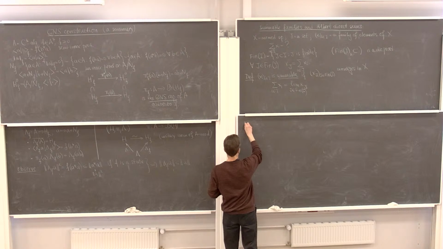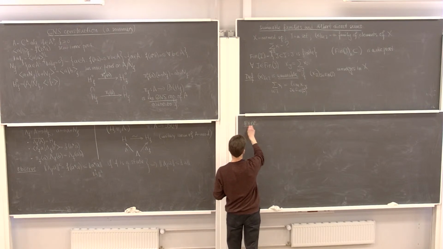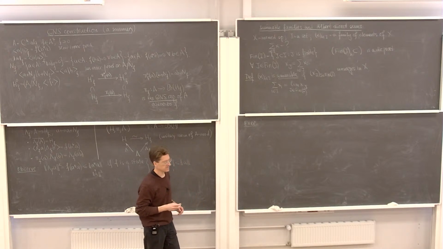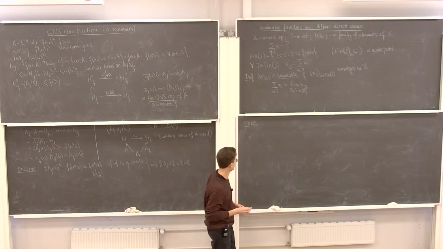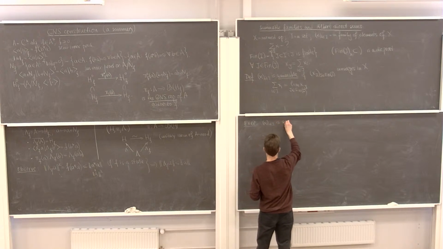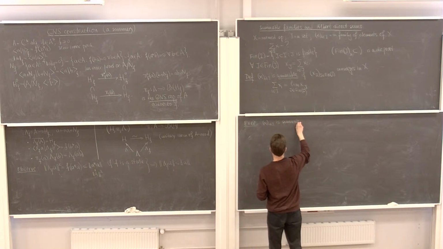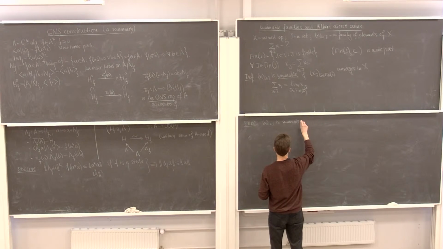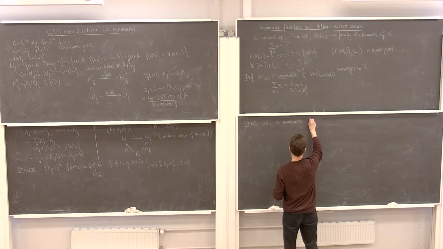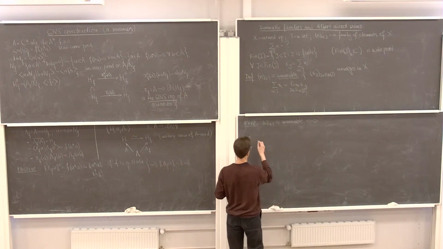The following exercise shows that actually summable families can be defined in more elementary terms, which don't involve nets. So I claim that our family is summable if and only if it satisfies the following two conditions.